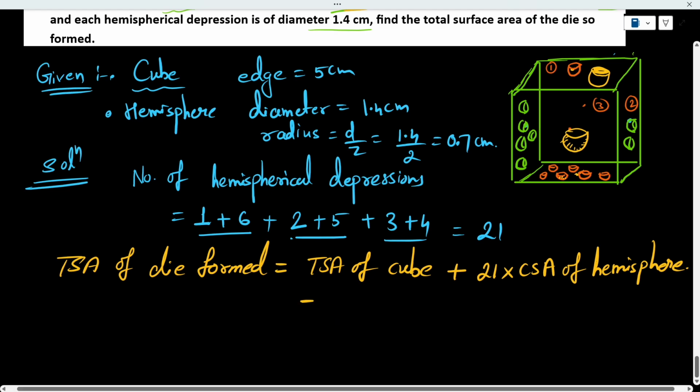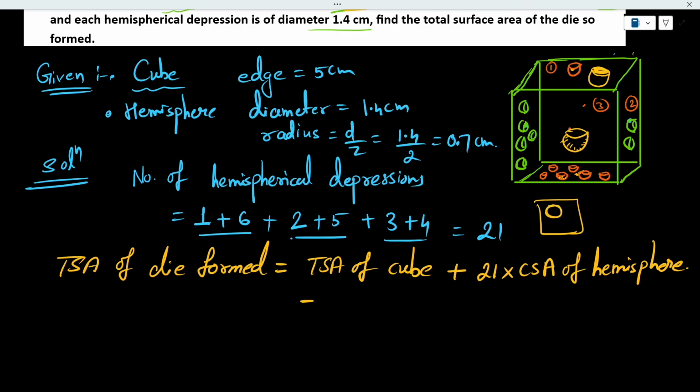But if I'm drawing on this face, I'm making this empty. This circular area is gone because we are making the hemispherical depression. So how much circle area is gone? Because there are 21 hemispheres, you are going to take out the area of the top face of the hemisphere, which is nothing but a circle, right?